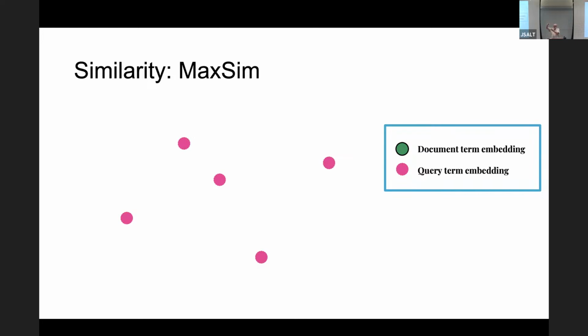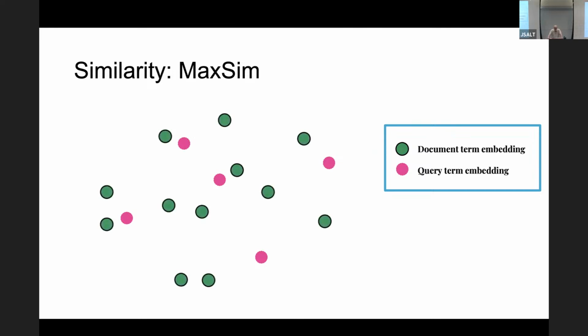And so if you have a document that has a whole bunch of terms and a query that has a whole bunch of terms, you need some way to do similarity across sets of vectors, right? So the main way that's done is called MaxSim. And imagine we have embedded our query terms here. These pinkish reddish ones are query terms in our embedding space.